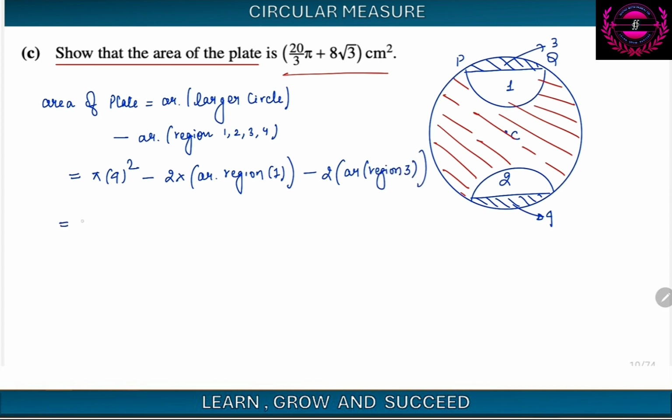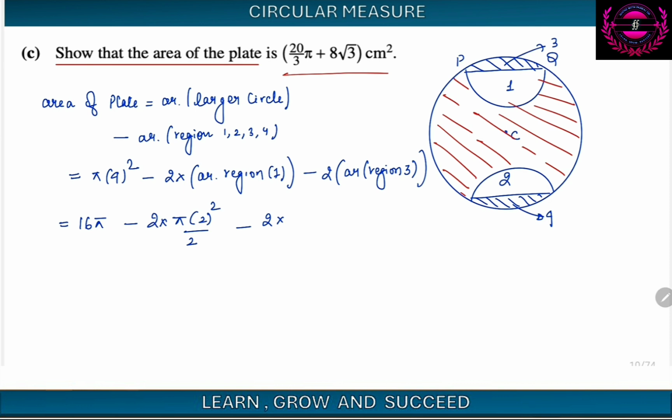Now this becomes 16 pi minus 2 into area of region 1, which is pi r square by 2, where radius is 2, minus 2 into area of region 3.